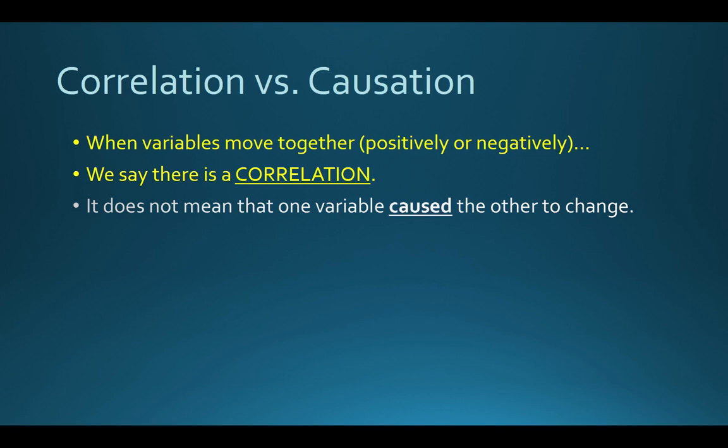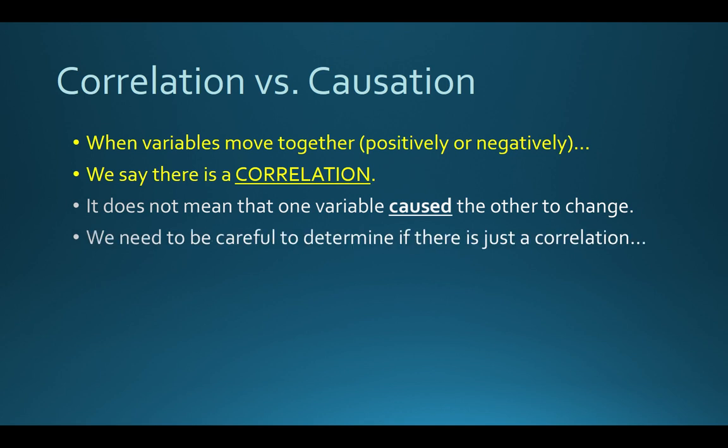From this correlation, we can't say, oh, because they are correlated, they move together, one causes the other. No, can't do that. We need to be careful to determine if there's just a correlation or if there really is a causal story.